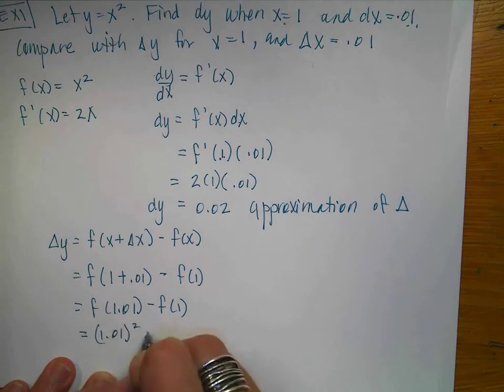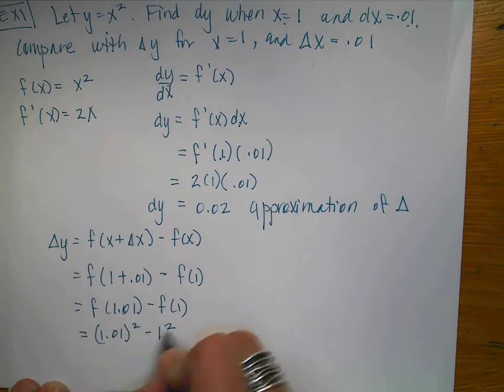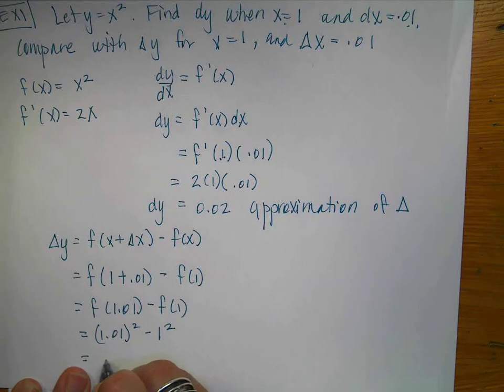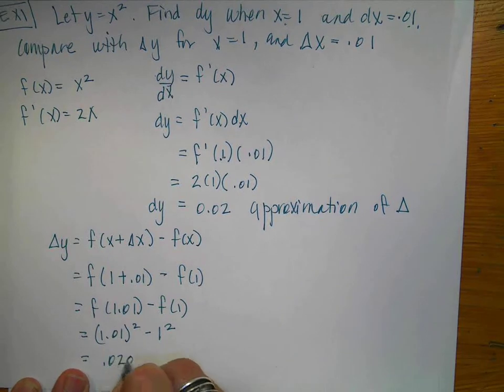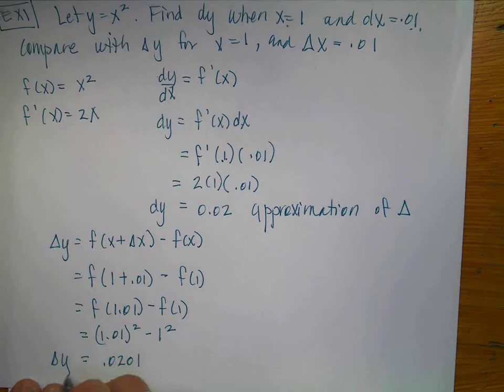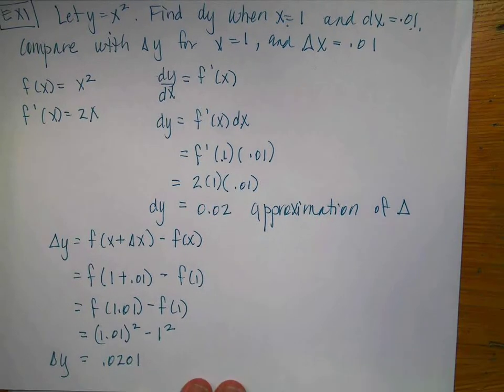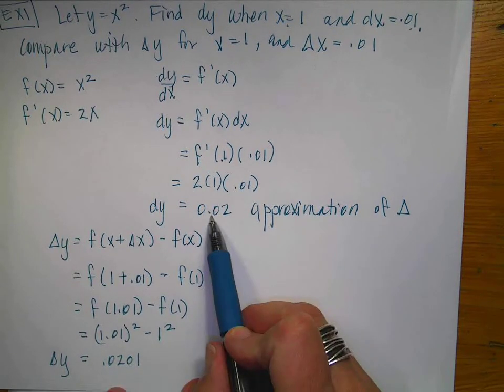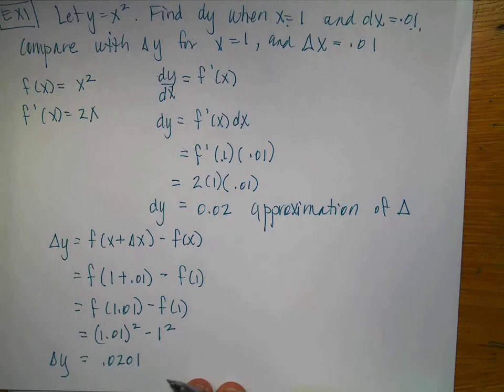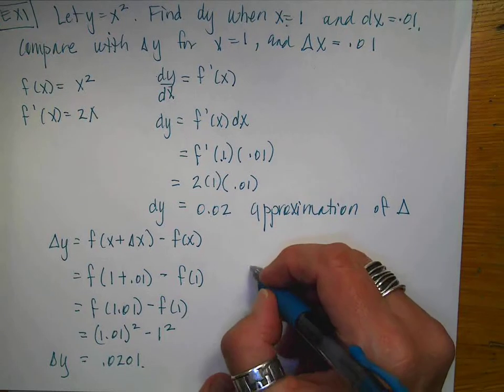And I'm going to get 1.01 squared minus 1 squared, and that's going to give me 0.0201, and this is delta y. Okay, so notice that my dy I found to be 0.02. My delta y is 0.0201.